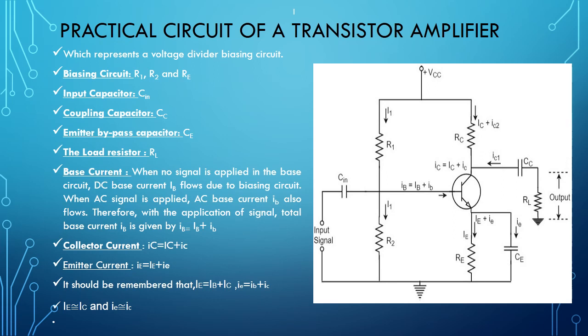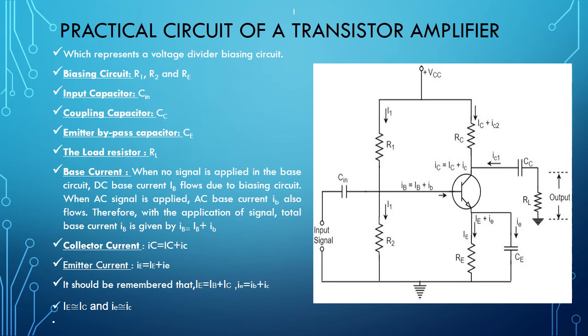When an AC signal is applied, there is an AC base current ib, which we represent with small letters. Then, when the signal is applied, the total base current is the sum of the DC current and the AC current.